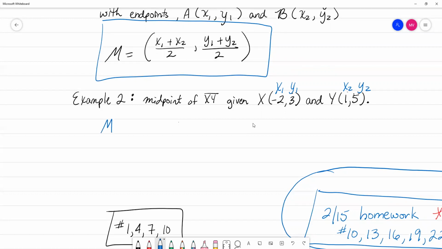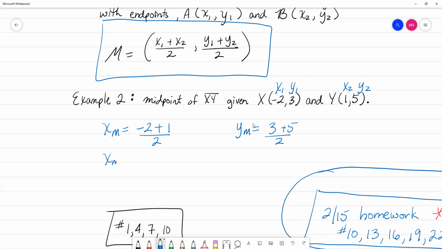So I'm actually going to do the x at the midpoint is equal to x1 plus x2, so -2 plus 1, divided by 2. And the y coordinate at the midpoint is equal to 3 plus 5 divided by 2.